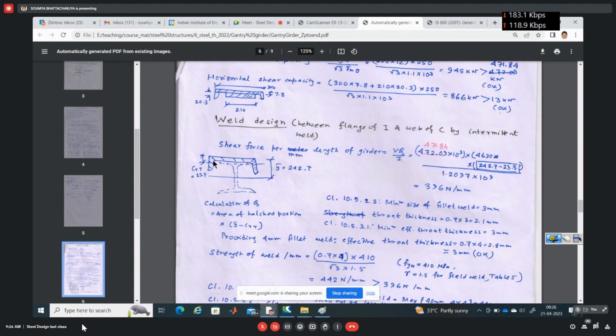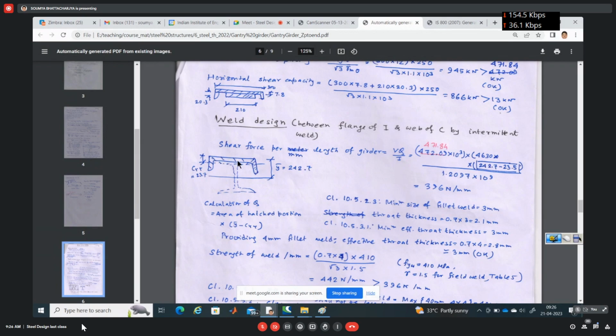The channel section is trying to slide over the I section whenever it is going to bend in a combined fashion, and thus at the interface there is a slip. If by welding you resist this slip, then the shear force will be acting.